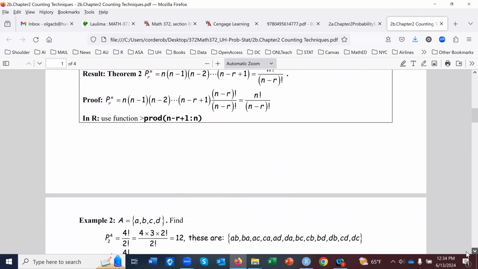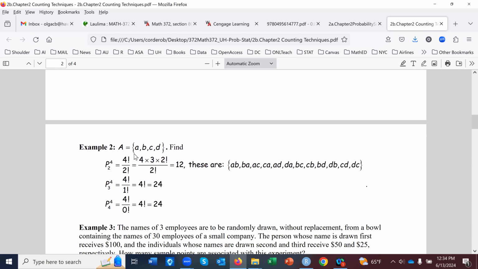So we will see, for example, I have the 4 letters, and I want the different permutations when I pick 2 of these at a time. See that here we will have 12, okay? Because AB and BA are different. Order matters. So this is the thing. I have 12. If I want to pick 3 letters at a time, it will be 24.